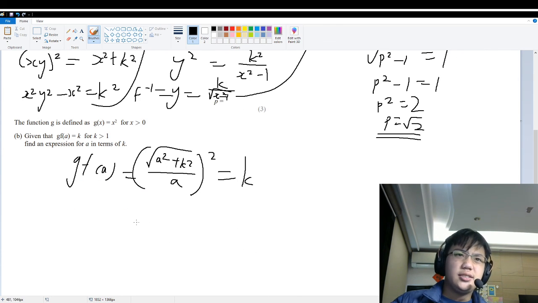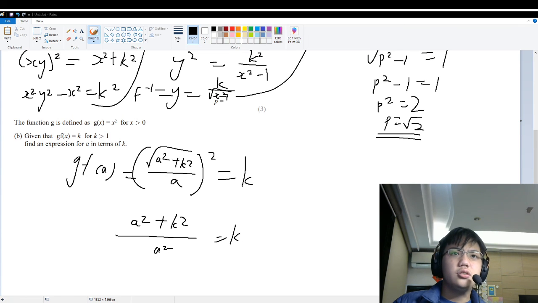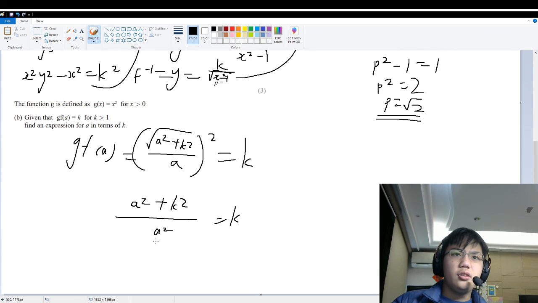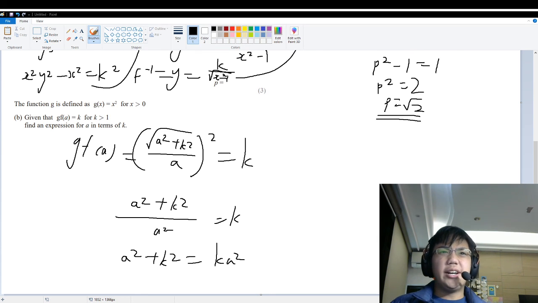And now we square the fraction like this, and we solve this equation by rearranging it for a in terms of k.